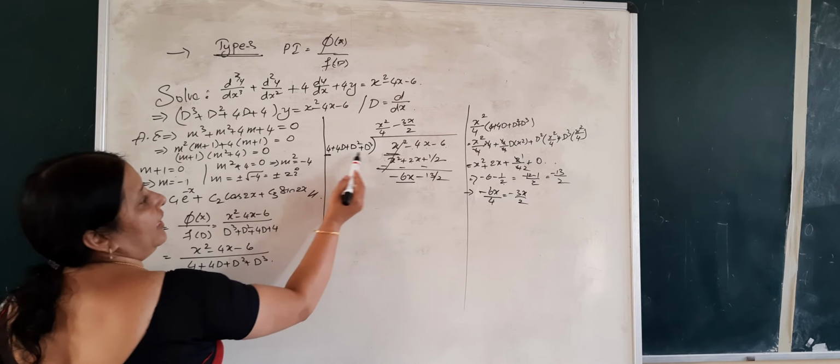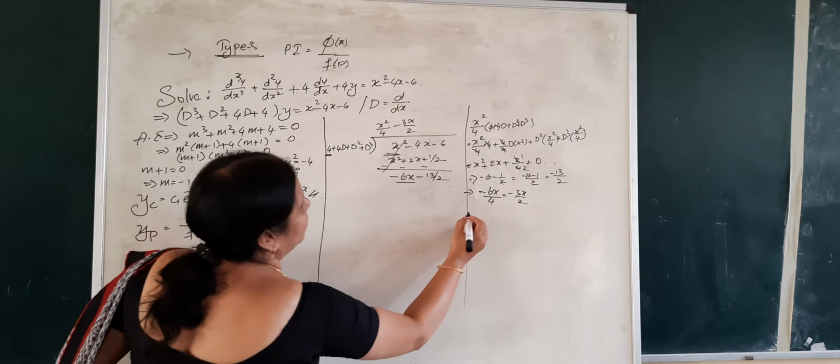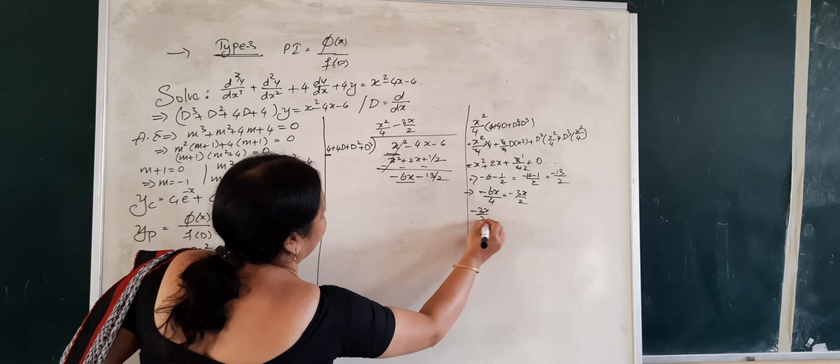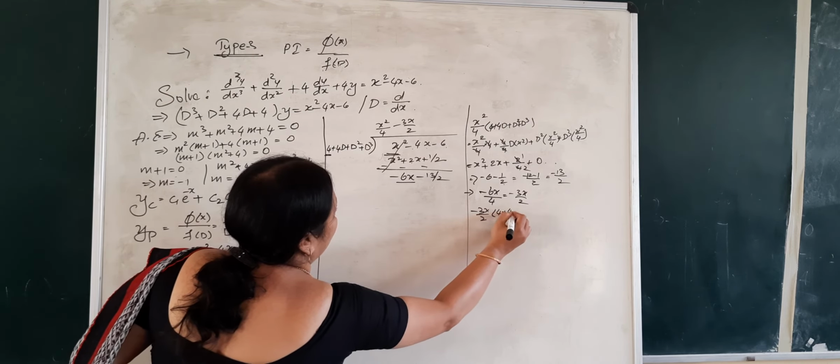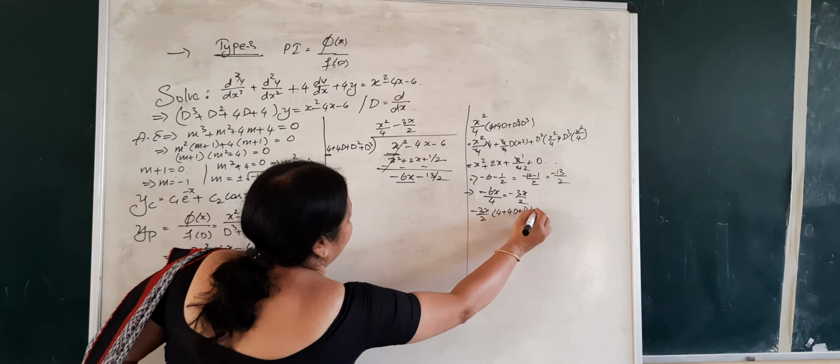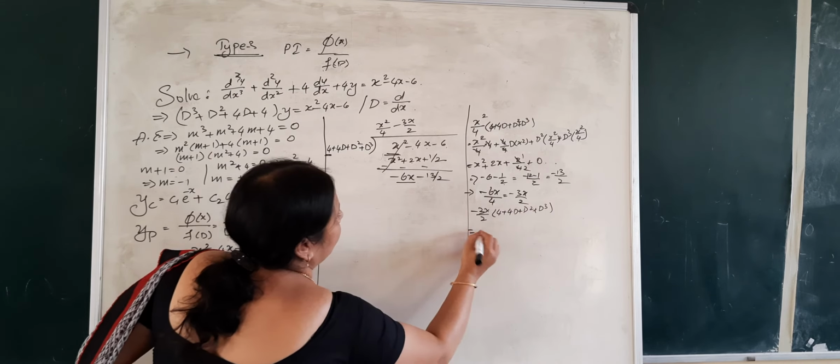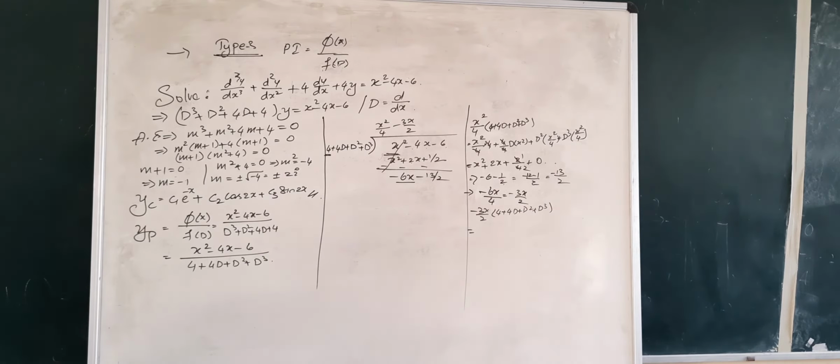Now multiply the entire denominator by the second term. So that is minus 3x by 2 into 4 plus 4d plus d square plus d cube. Got it? So this is how you have to do.